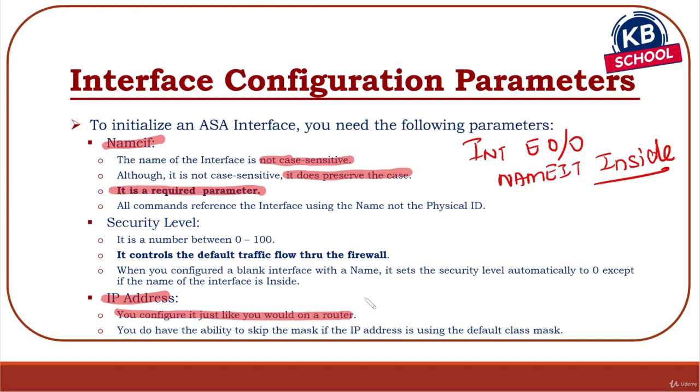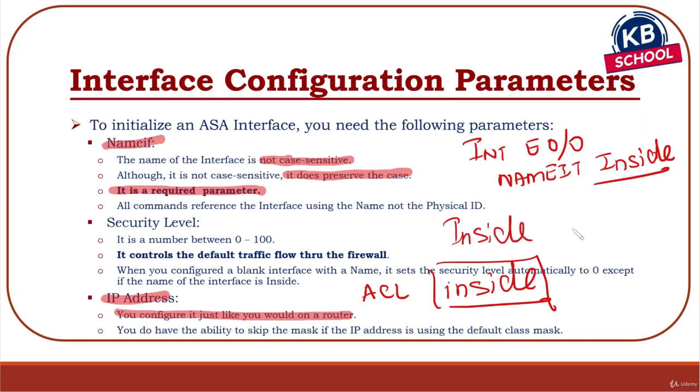So later on when you point to it, let's say you want to apply an ACL to it, and you apply the ACL to the word inside with I lowercase. When you type it in, you applied it to inside, you'll go back into your running config, you'll notice that it has changed the case back to Inside to match the case. If it was case sensitive, it would not even take the command, which it doesn't.